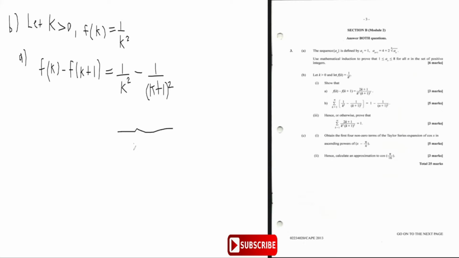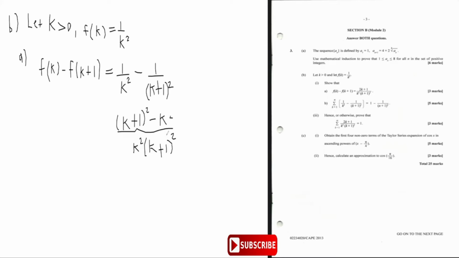The LCM between the two is going to be k squared times k plus 1 all squared. And then k squared into this leaves k plus 1 all squared. Minus k plus 1 all squared into this leaves k squared.